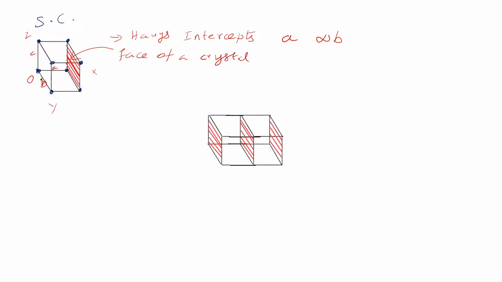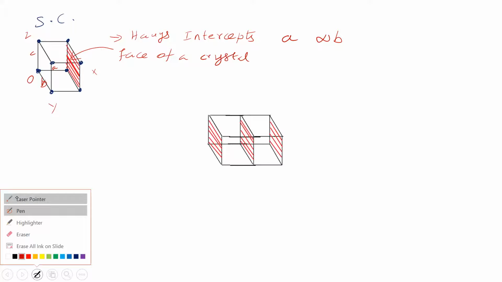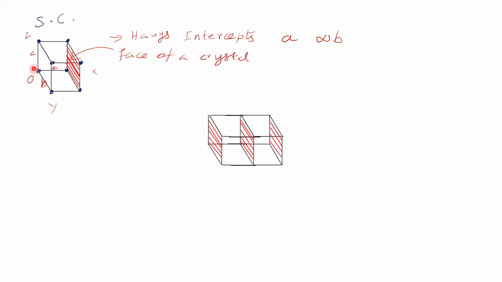Now see that from this point to this point, the intercept is B. This face of a crystal is continuing.